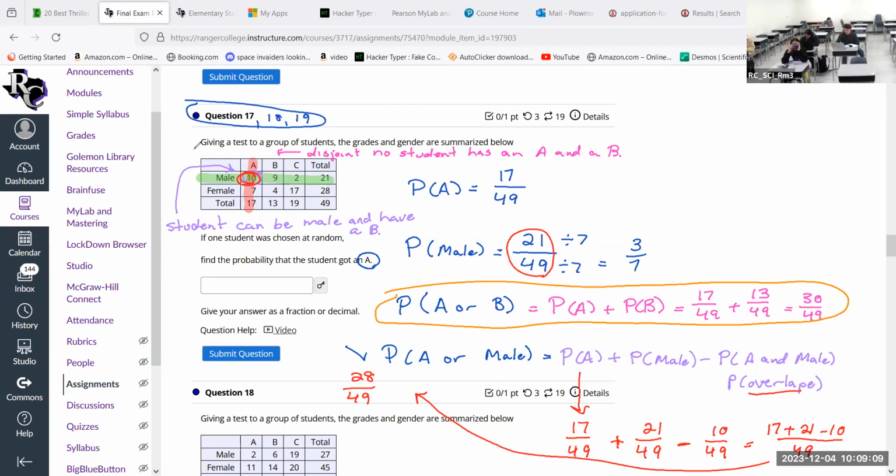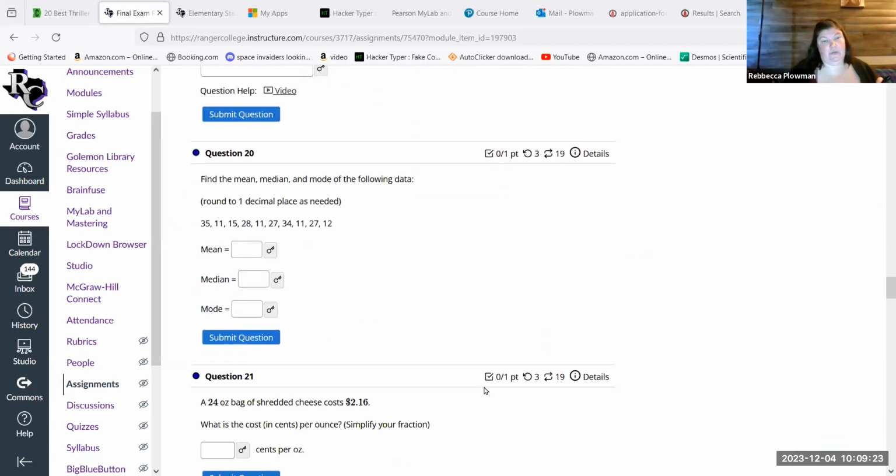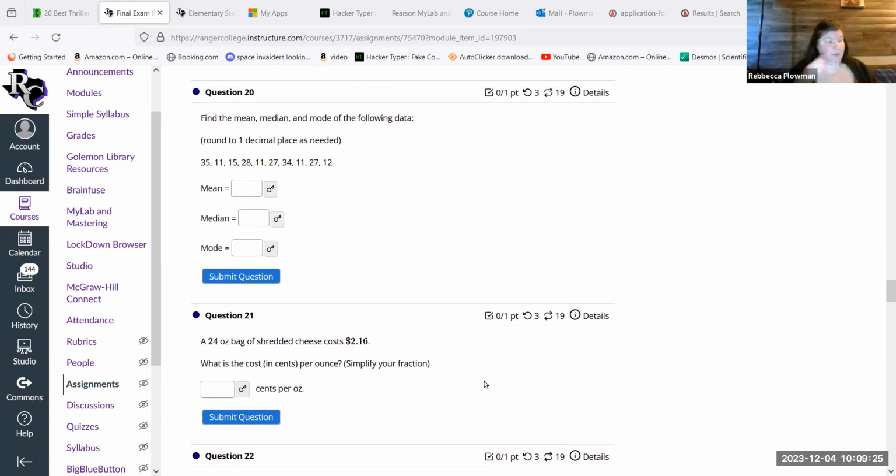All right. Mean, median, and mode. So 20 is a mean, median, mode problem.